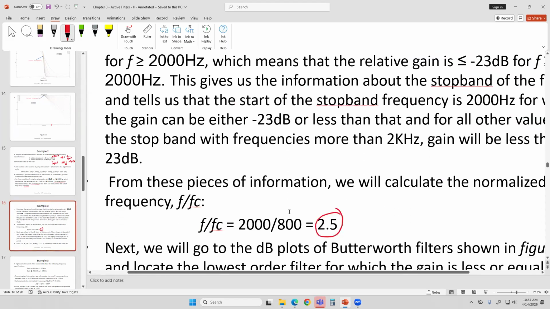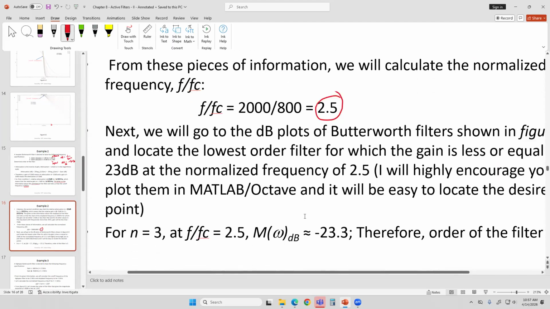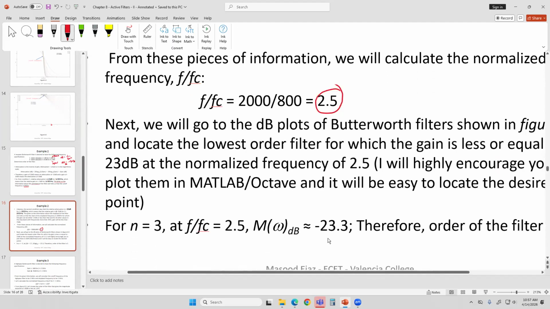We're going to choose the lowest order at which your gain is close to negative 23 decibel, because that's the stop band gain. It can be negative 23 or more than negative 23, but whichever is closest to it. It cannot be negative 22 because that's going to be higher than negative 23.